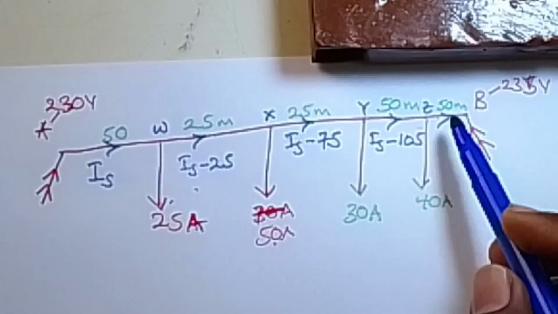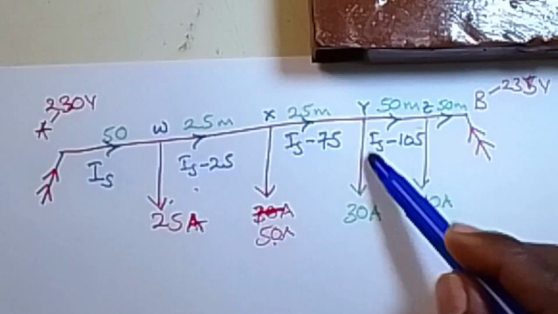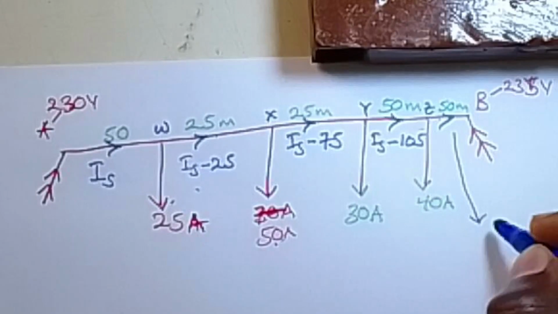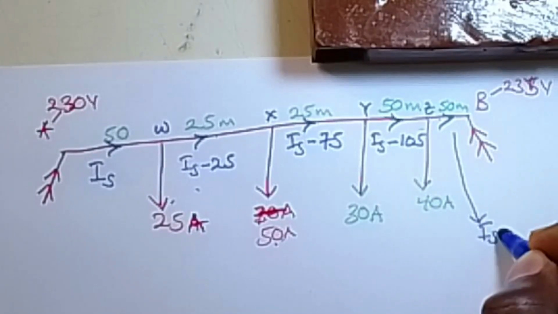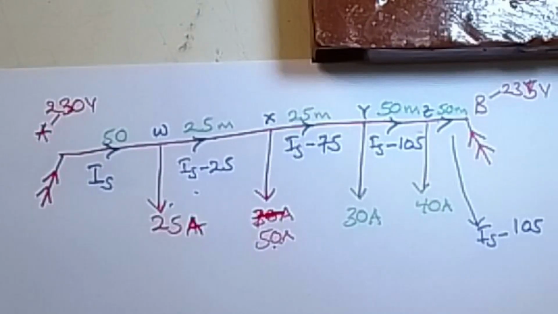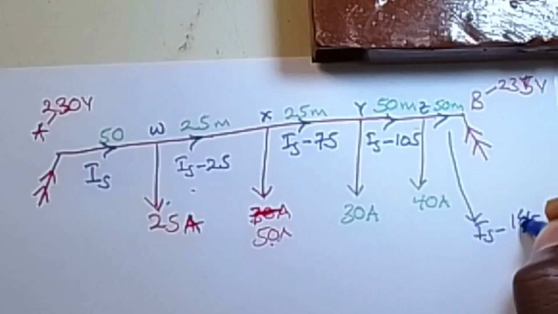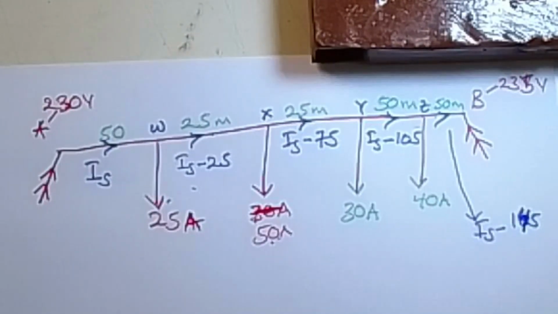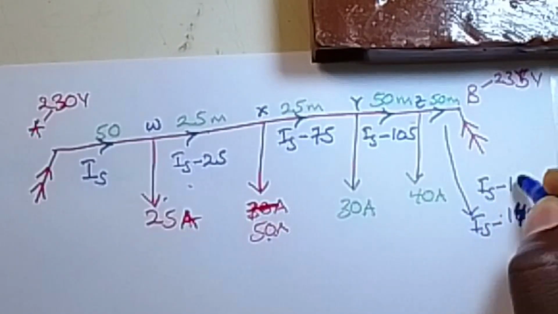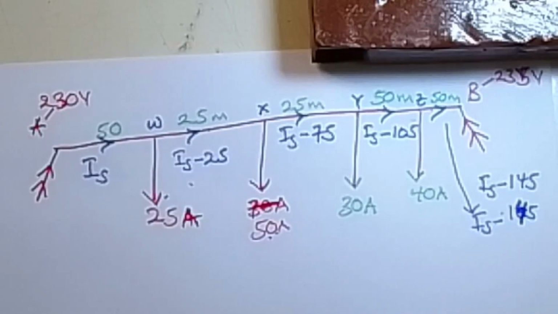Then similarly, this last current will be this minus 40, which will give us IS minus 145.